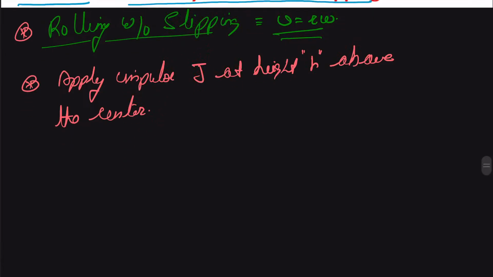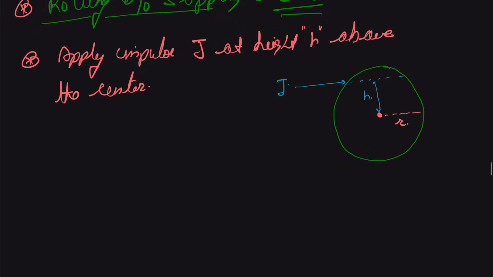So it means we have a ball, this is the center and its radius is given as small r, and we are applying an impulse at a height h from the center. So this is the point of our impulse. Therefore, V is the velocity and omega will be its angular velocity.